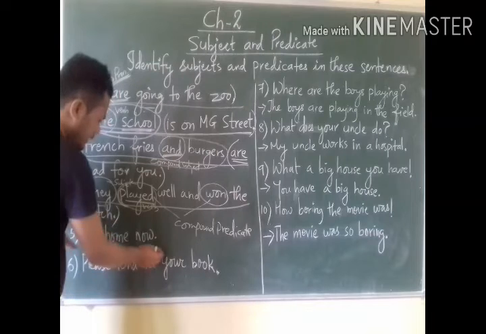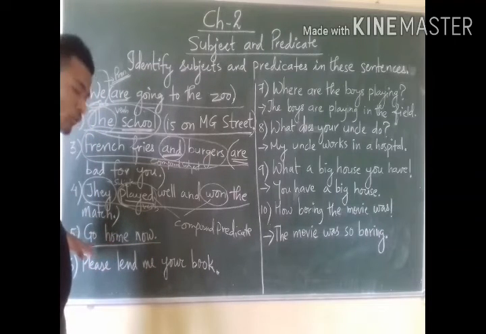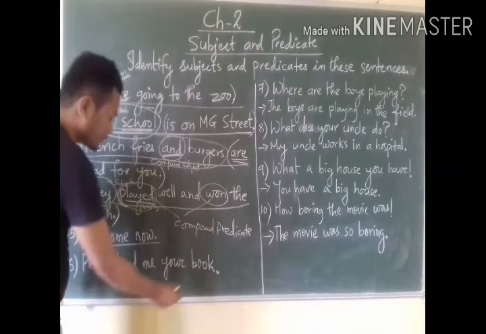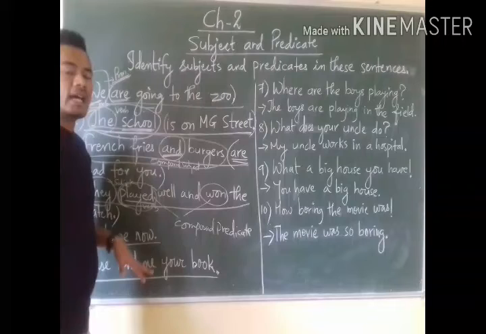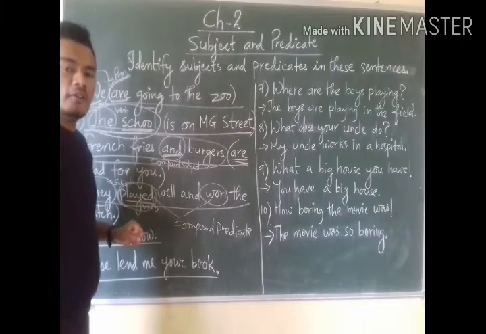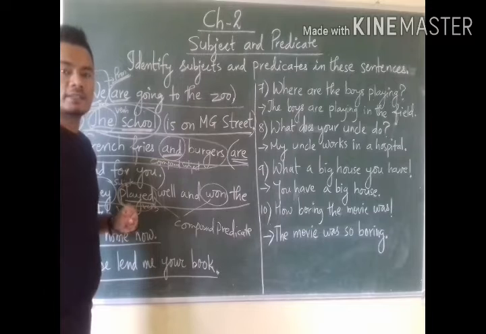Now come to the next example. Go home now. Example number 5. Go home now. And example number 6. Please lend me your book. So these two sentences are examples of imperative sentences. Okay.